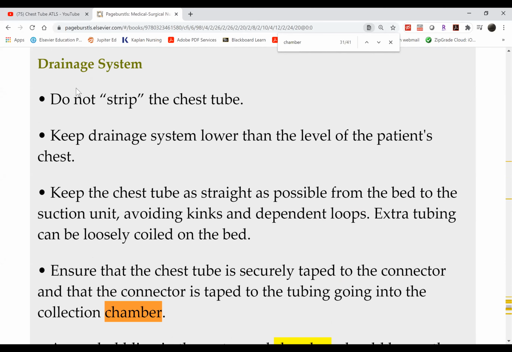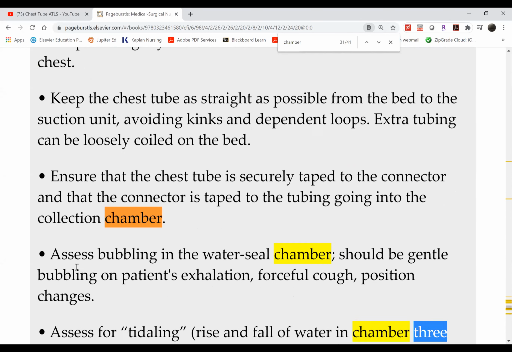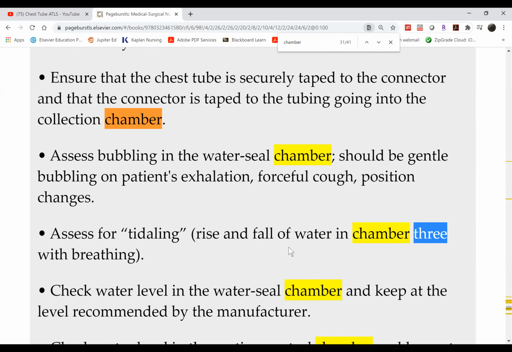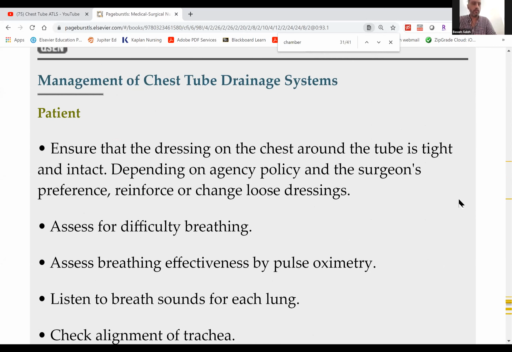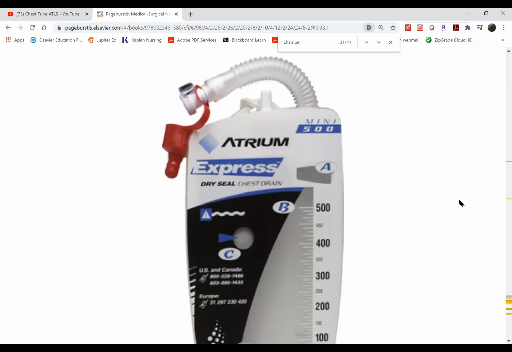How many bullets is this? 1, 2, 3, 4, 5, 6. Bullet number 6 says here, rise and fall of water in chamber 3. It should say rise and fall of water in chamber 2, right? This should refer to the water seal system, which is chamber 2. All right, before I forget that, please change that one because it will confuse you.